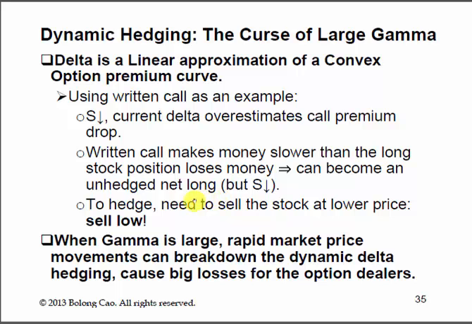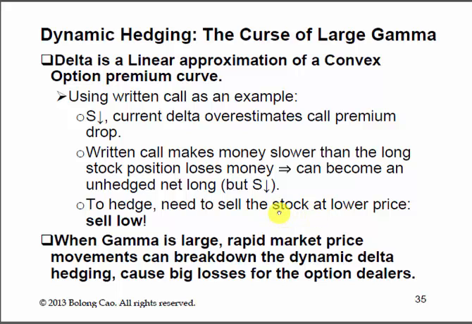So in this situation, basically the underlying is losing more money than the reduction in liability in the written call. So you actually need to get rid of the money-losing long underlying position, right? You need to sell it fast.